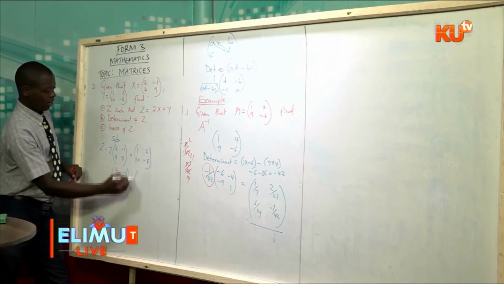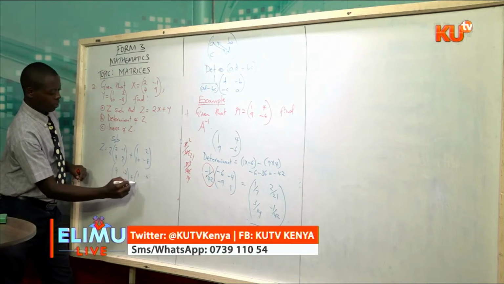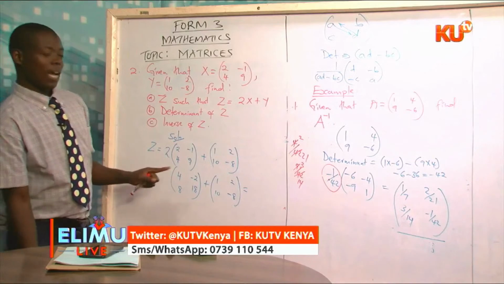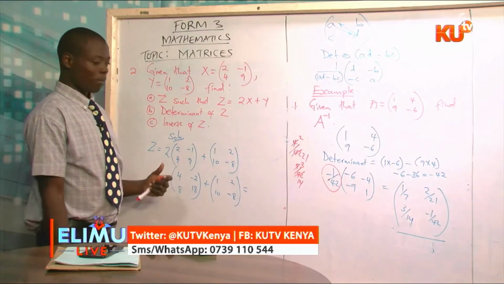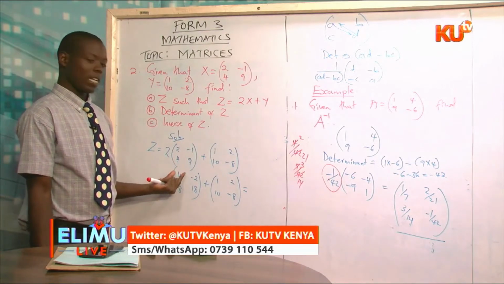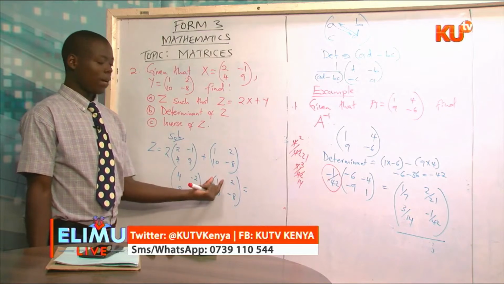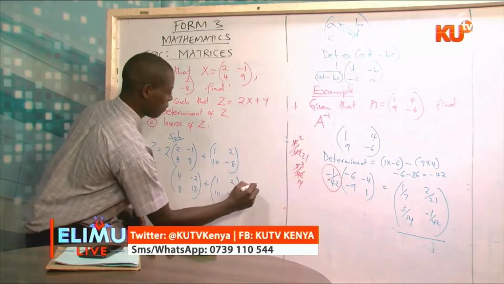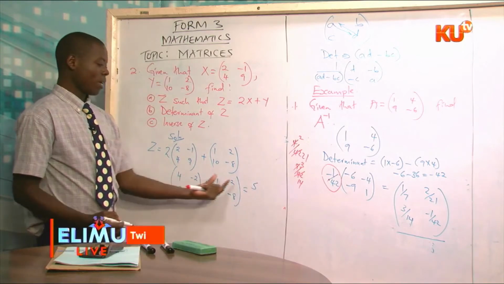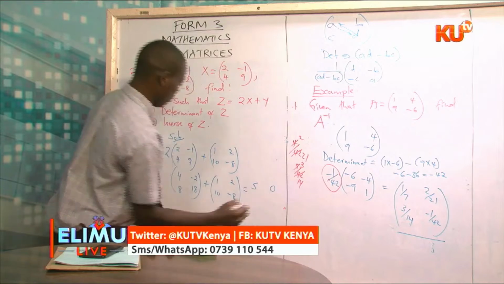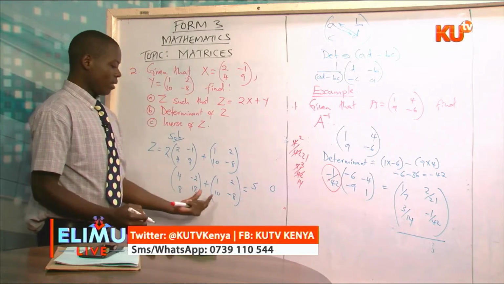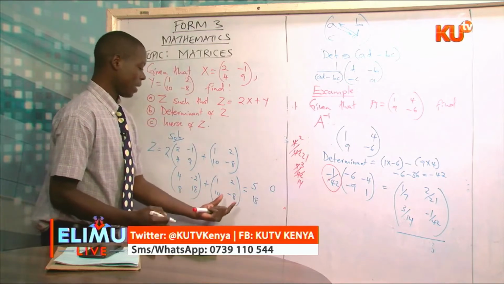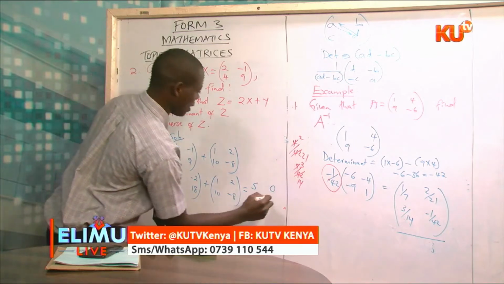Then we add 1, 2, 10, and negative 8. We add elements in their respective position from each matrix, meaning first element in the first matrix, first element in the second matrix. So 4 plus 1 is 5. Negative 2 plus 2 is 0. 8 plus 10 is 18, and 18 plus minus 8 is 10.